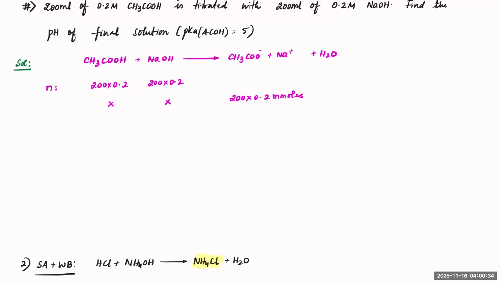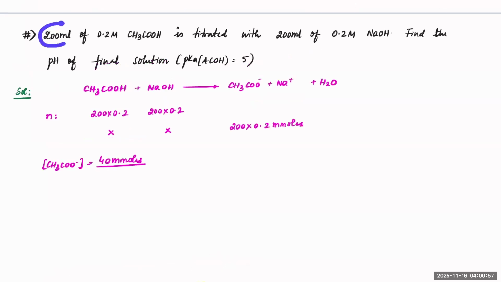So now what do we have in the solution? Only salt and water. And what is the salt ion concentration? That is CH3COO minus, which is 40 millimoles divided by total volume. What is the total volume we have?